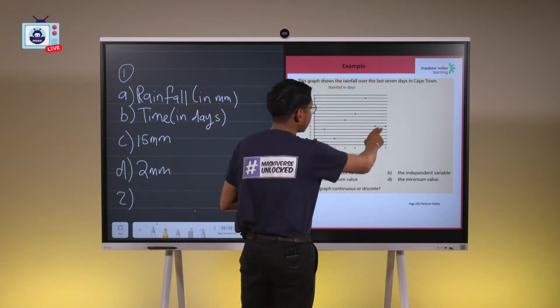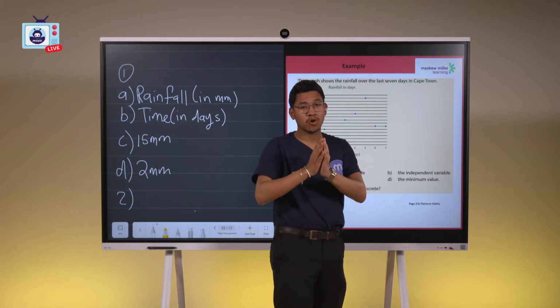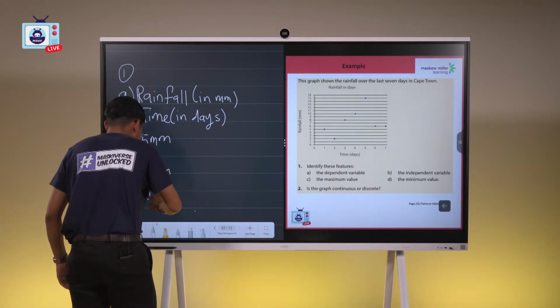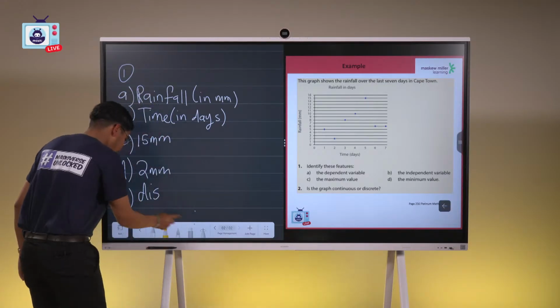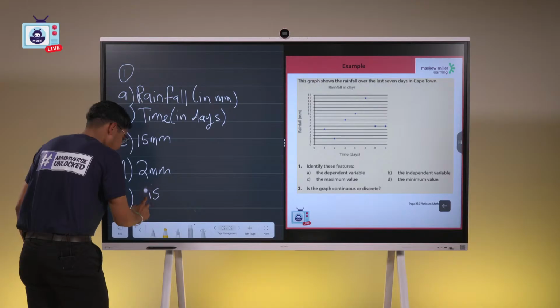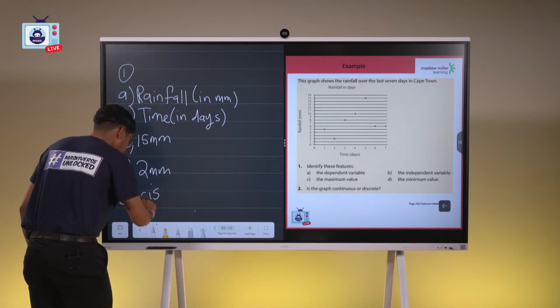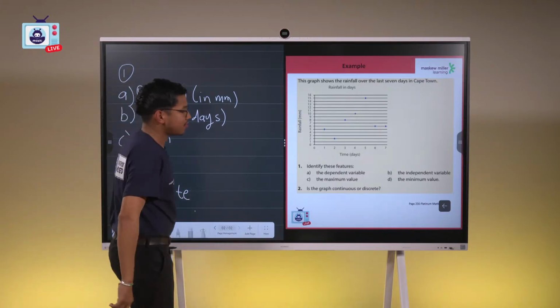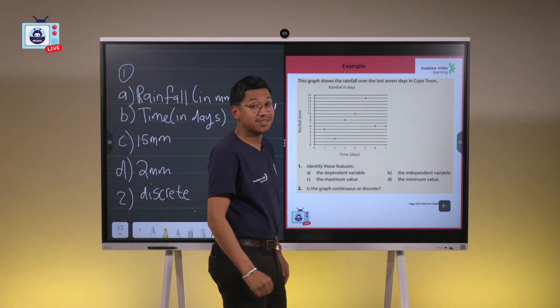Obviously, these points over here are not joined by a line or a curve. So that is why this graph is therefore discrete. Let me make that D a bit neater. So this here will be discrete. Okay, and there I've answered my first question on interpretation of graphs.